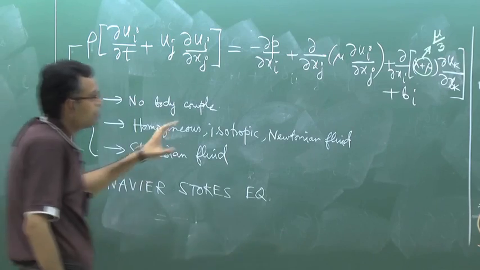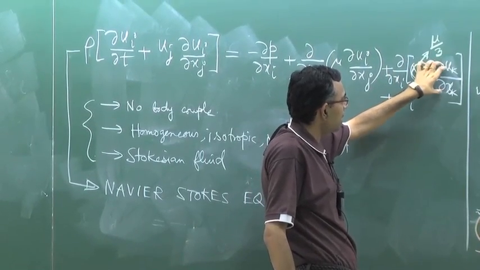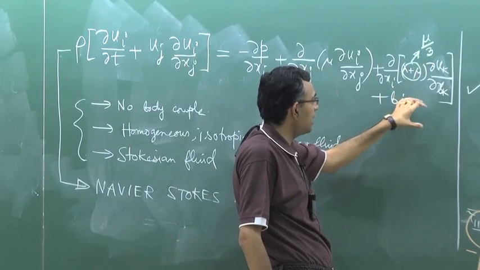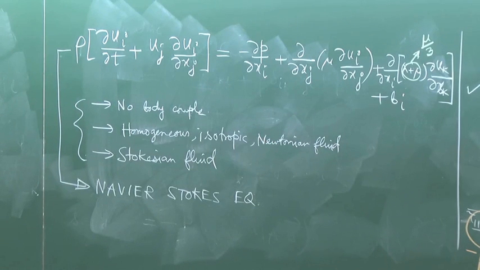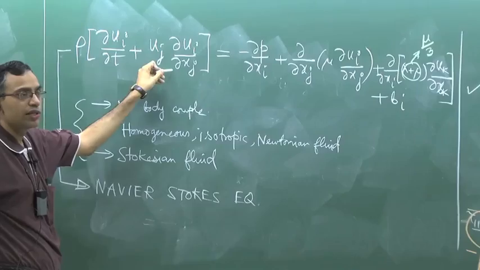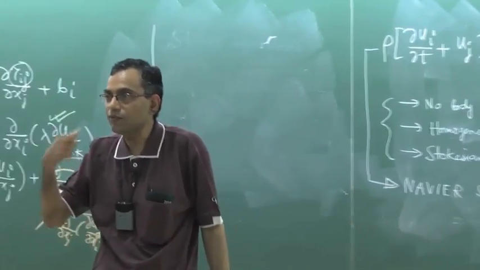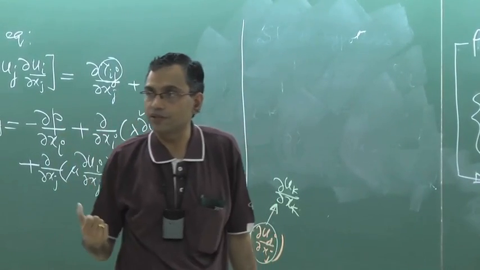So for compressible flow this term is already there, but for incompressible flow this term is not present, and this is any other body force. There are special cases when the left hand side is equal to 0, that means the fluid has no inertia, that means the fluid is not accelerating, then that equation is known as Stokes equation.